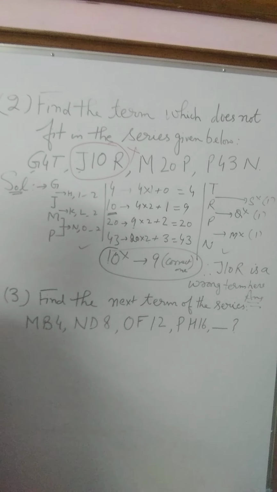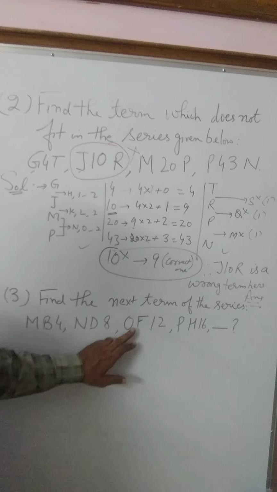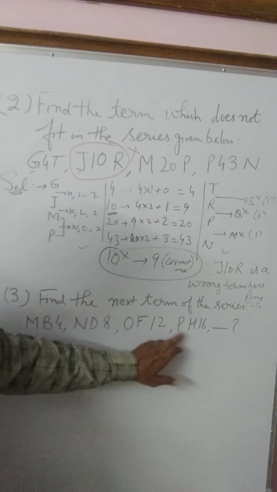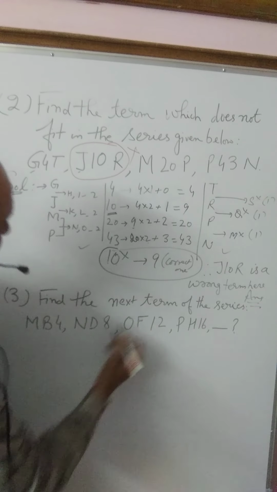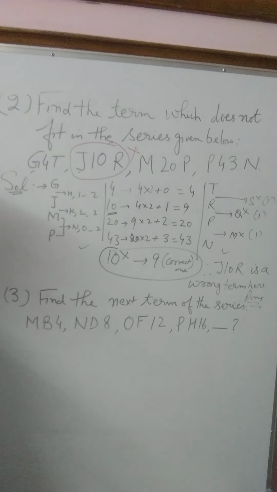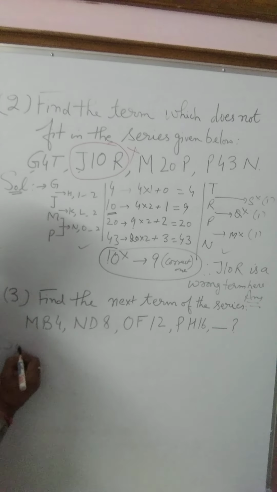Next we come to the third example, that is, find the next term of the series MB4, ND8, OF12 and PH16. Now see carefully, it is much easier than our second and first examples, as we have discussed already. Let us see what will be its solution.